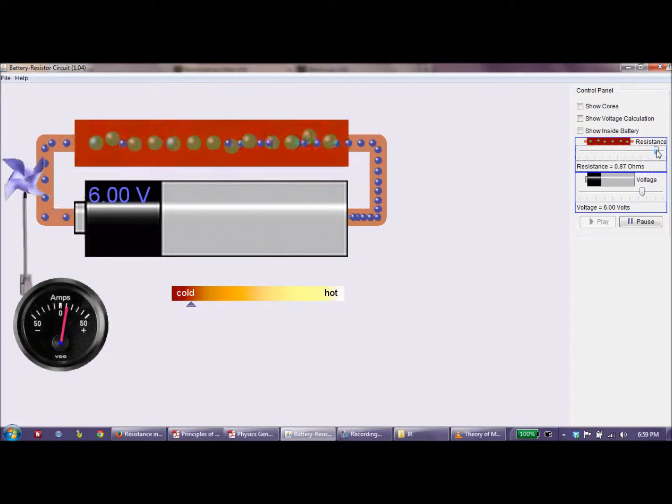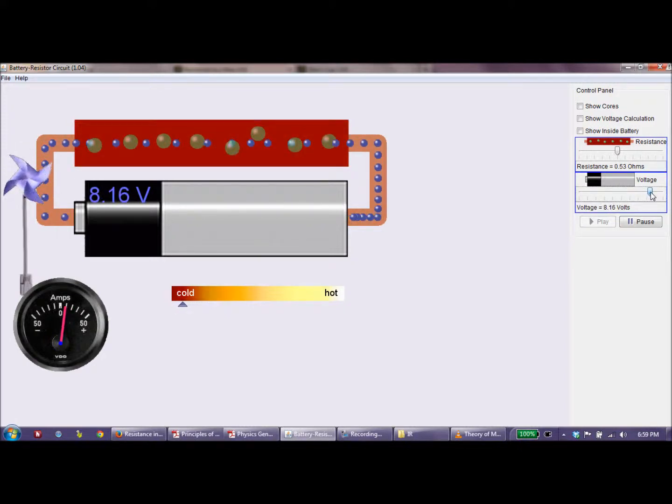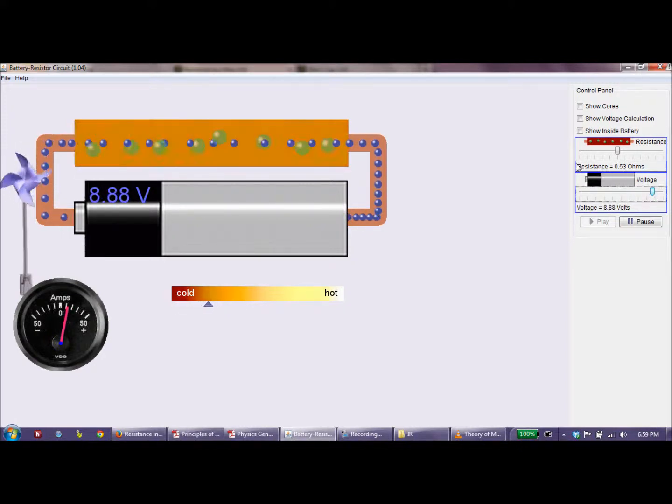Increase the resistance, and I get less current, less power. But on the other side, if I increase the voltage, I get more current again and more power. Since power is not only how much energy they have, which I increase by the voltage, but also how many charges go through there every second.